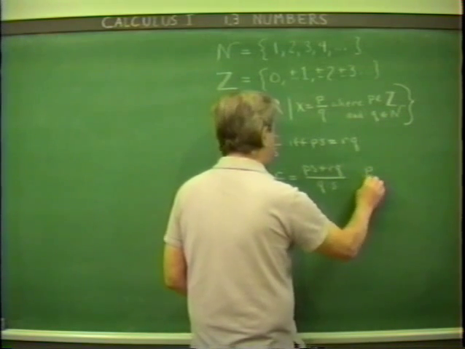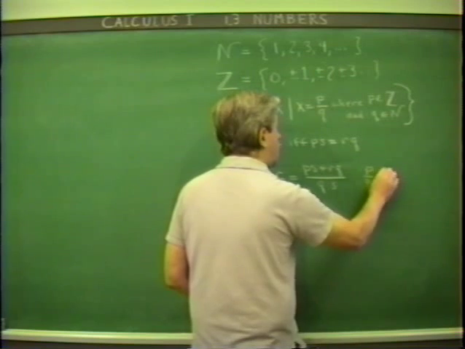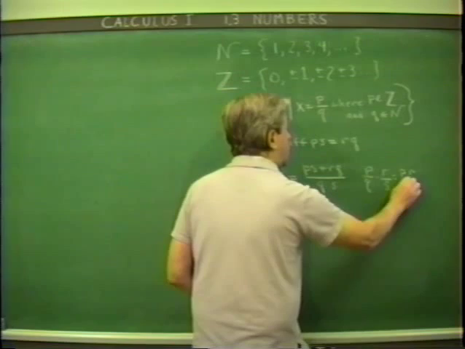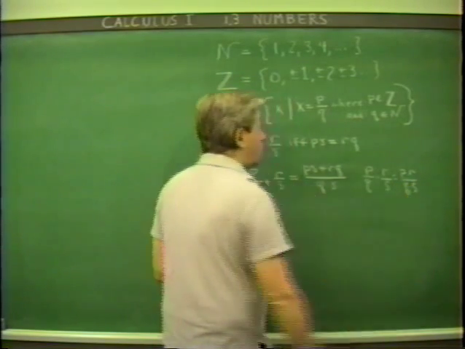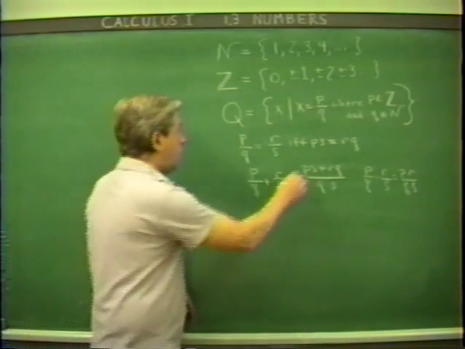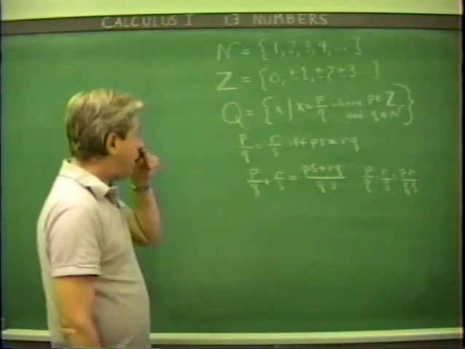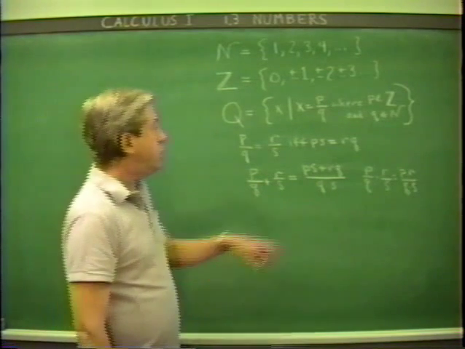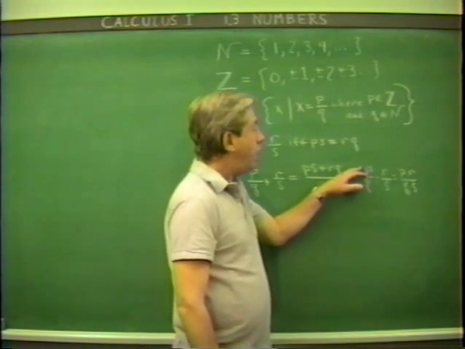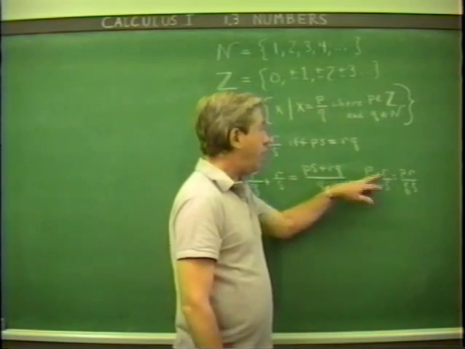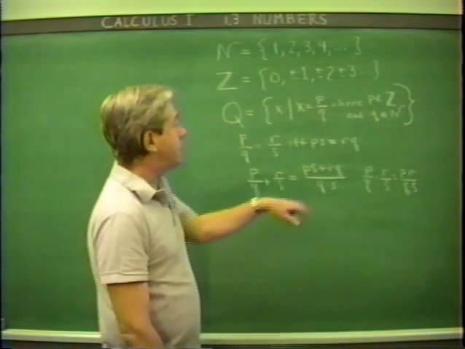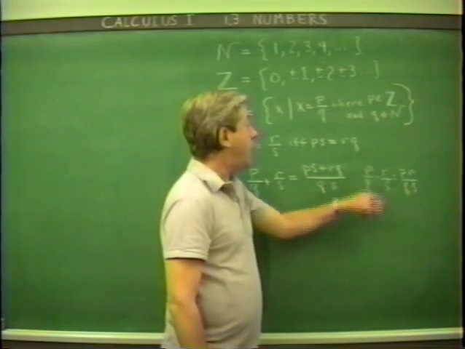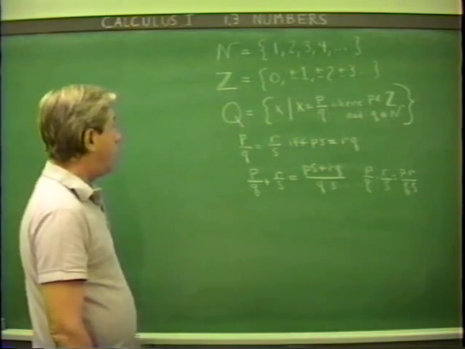Multiplication is given by P over Q times R over S is equal to P times R over Q times S. Okay. Then the subtraction is clearly given with a negative sign in both of these places here. And division is done in the common, ordinary way of inverting the number to be divided and multiplying. Division is always possible, providing the number to divide by is not equal to 0.